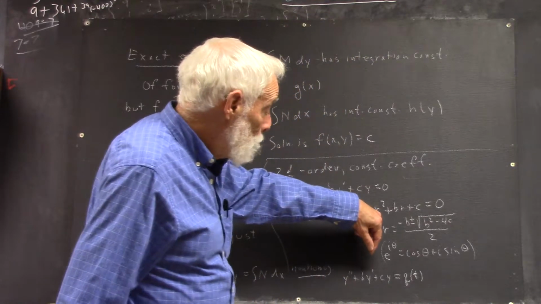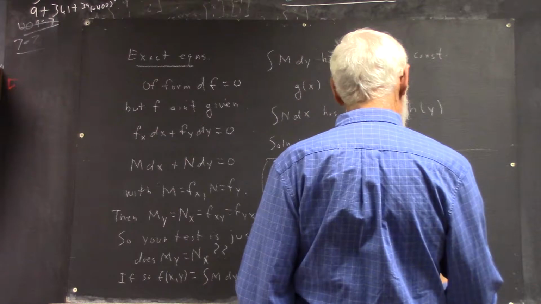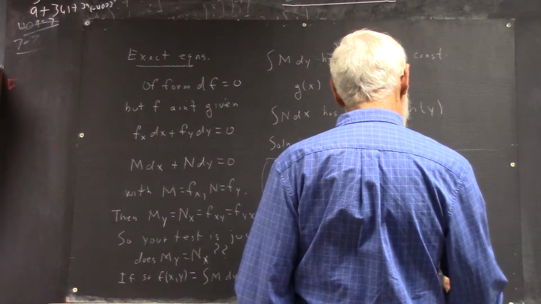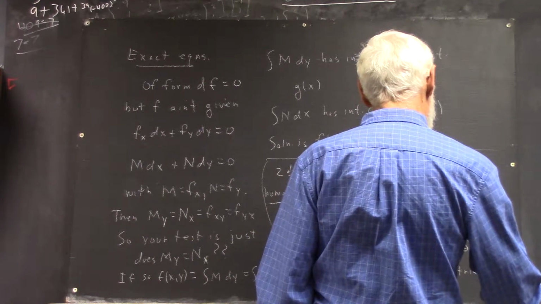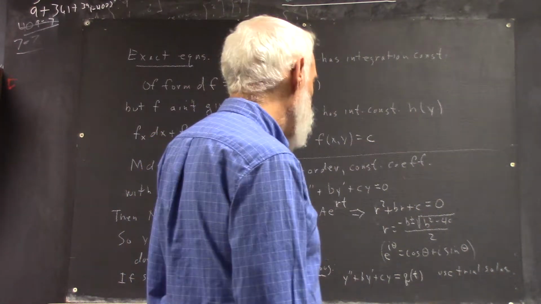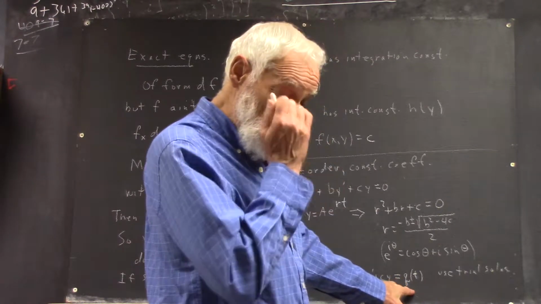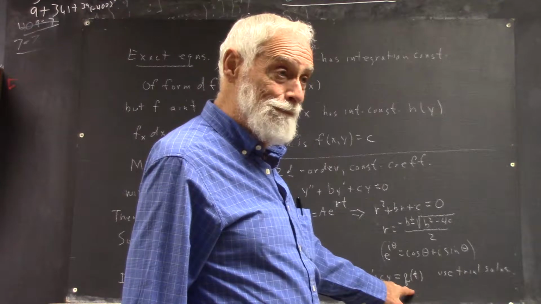Okay, so when you have this, you gotta use trial solutions. For example, if Q of t has a sine or cosine in it, then your trial solution is gonna have sine or cosine.